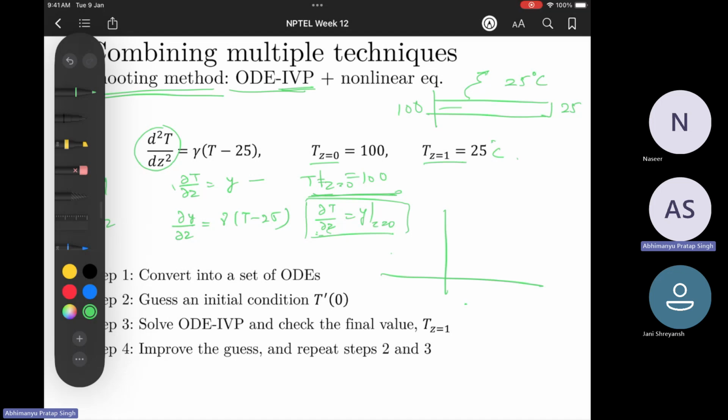I was supposed to get a solution around this point. So I choose some point around here and then I calculate my f(x). If this x satisfies my solution, then my f(x) should be 0.